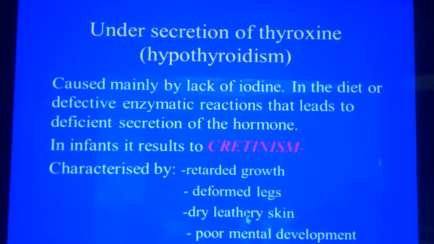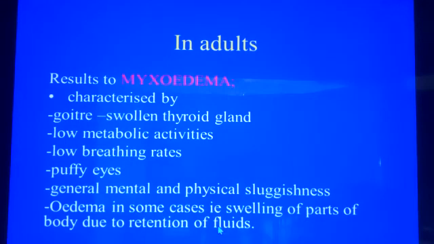Then dry, leathery skin, poor mental development. Whereas in adults, it leads to a condition that we refer to as myxedema. And myxedema is commonly signified by goiter, which is the swelling of the thyroid gland.